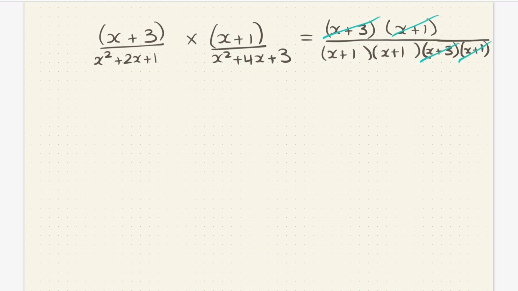Now, you will see here that we are left with no terms on the top. But remember, whenever we divide something by itself, it always leaves us with 1. So we're left with 1 over for our fraction. And the final answer is going to be 1 over x + 1, which is the same as 1 over (x + 1) squared.